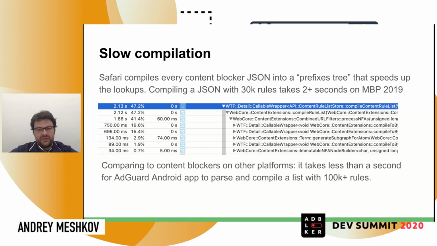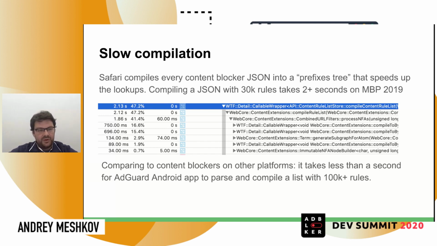This is actually a search tree that speeds up the lookups to the content blocker, so that they don't have to evaluate every regular expression, as this would have been very slow. And it works kind of okay, so lookups are pretty quick. But compiling this prefix tree is quite slow.